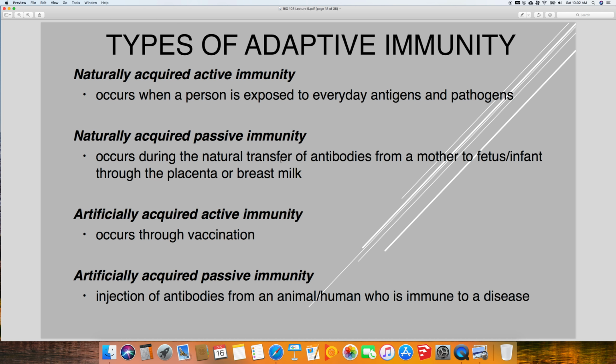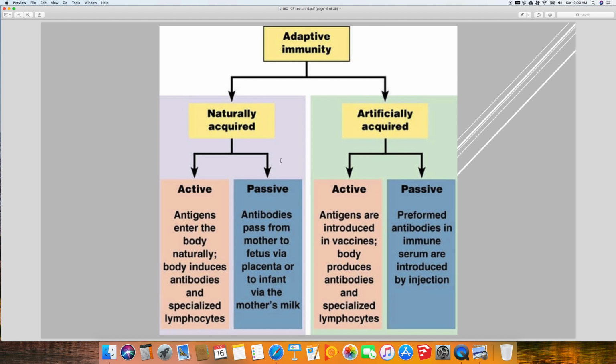It's artificially acquired because it's made in a lab. It's active because your own body mounts the response. And then artificially acquired passive immunity, this is the injection of antibodies that came from an animal or a human who is immune to a disease. And this chart just breaks that down, showing it in a more visual manner.